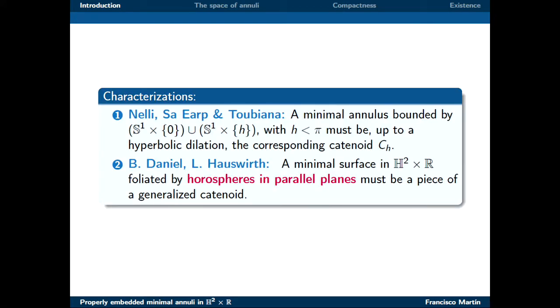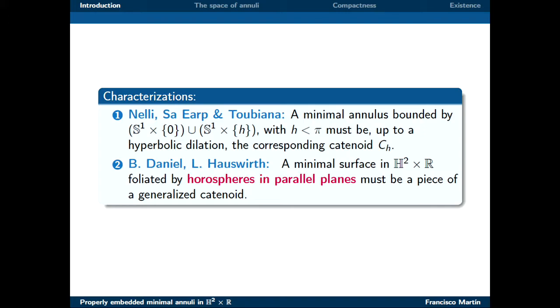Okay, we have these two characterizations that I'm going to use. The first one is due to Nelli, Sa Earp, and Toubiana. They proved that a minimal annulus bounded by two parallel cycles must be, up to a hyperbolic dilation, one of these catenoids.